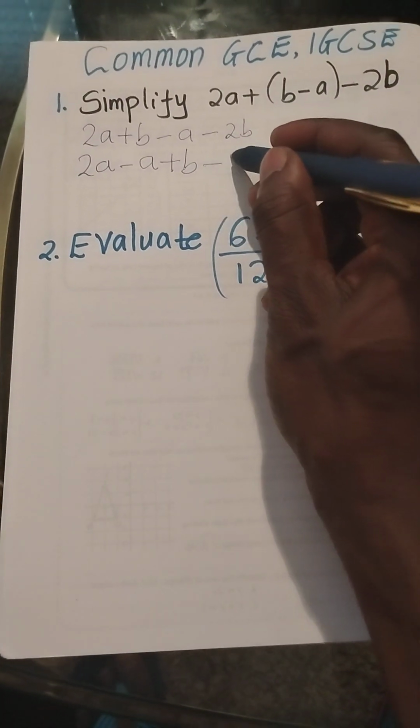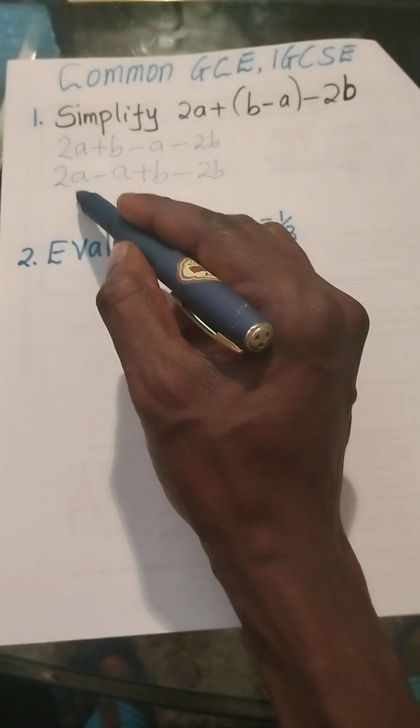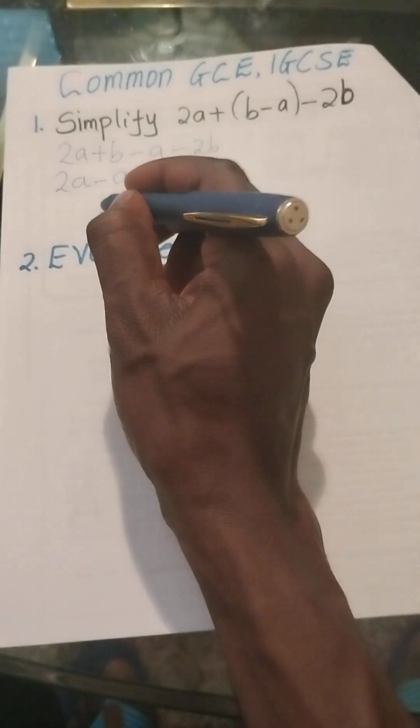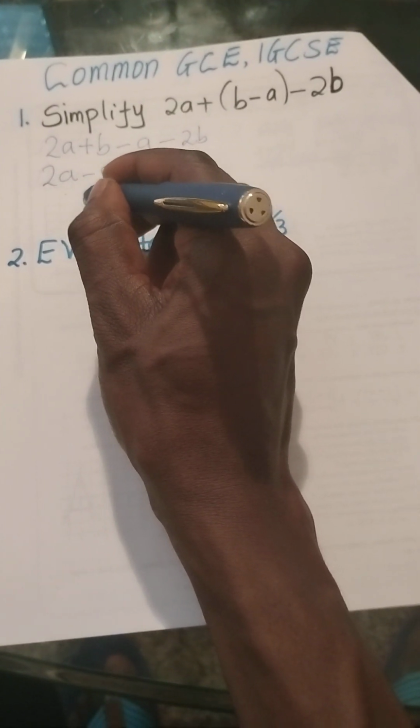I have 2a minus a plus b minus 2b. 2a take away a is a. b minus 2b is minus b. So this is the solution, and this becomes the answer.